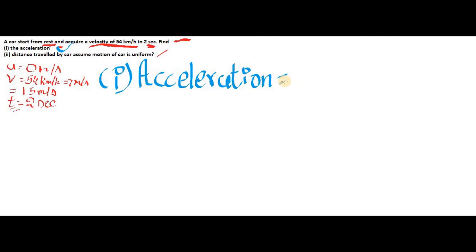it is initial velocity minus final velocity by time. Am I doing anything wrong over here? Yes, I am doing something wrong. I wrote it as initial velocity minus final velocity by time.